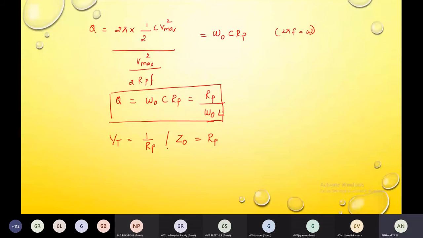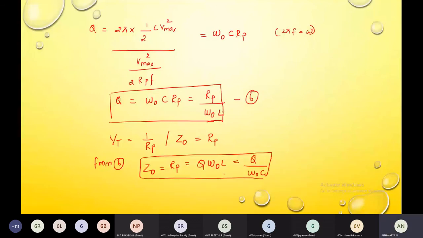Name it as equation 6. So from 6, I can write your Z naught, which is equal to RP, which is equal to Q omega naught L, which is equal to Q by omega naught C. So this is the equation for your parallel resonance circuit. Any doubts in this? The same way you can derive for the inductor.